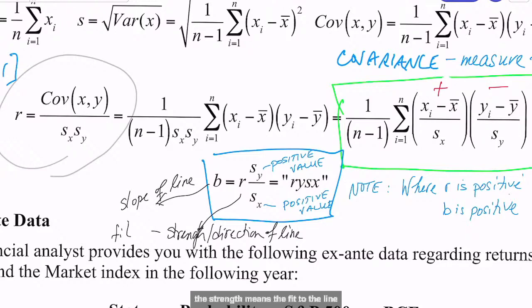The strength means the fit to the line, how fit they are to the line. The closer to 1 or -1, the better the fit. No questions, my 19 watchers?